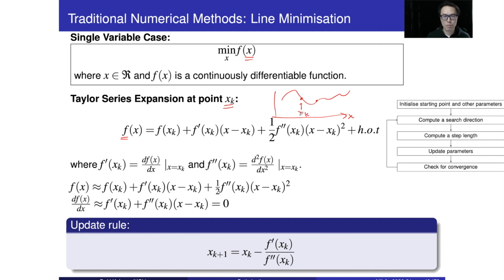So we have x minus xk, that is the difference between these two points.